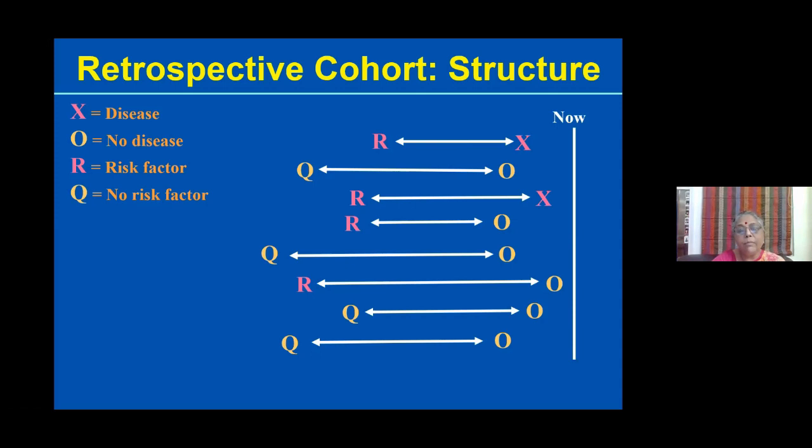Those without risk factors have the disease or not. So you can see that this arrow is pointed both ways. So you go retrospectively into the past, you check the historical records, but you are actually starting the study from the exposure to the outcome only. And hence it is a cohort study which is done retrospectively with historical records.